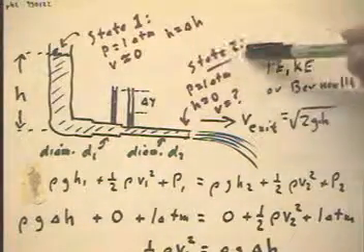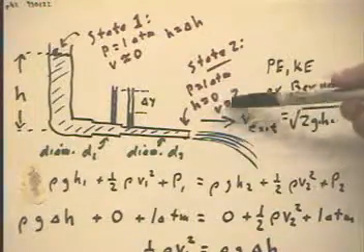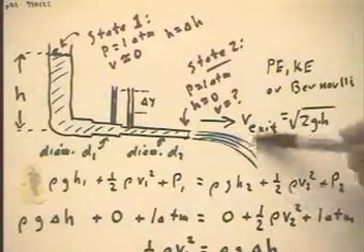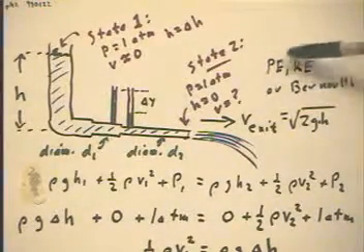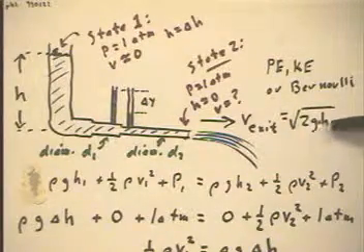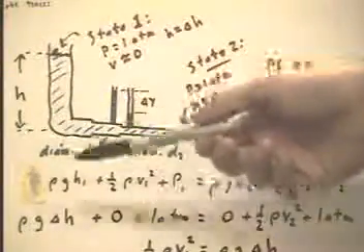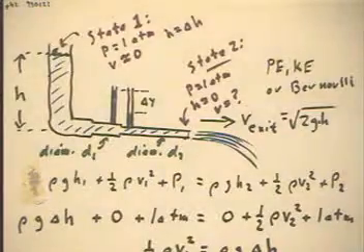Now we have a state 2 here, where the pressure is 1 atmosphere, the altitude is 0, and there's some exit velocity. That exit velocity would be predicted by Bernoulli's equation or by potential and kinetic energy considerations to be the square root of 2g delta H, where the delta H is the height of the water column here relative to this point.